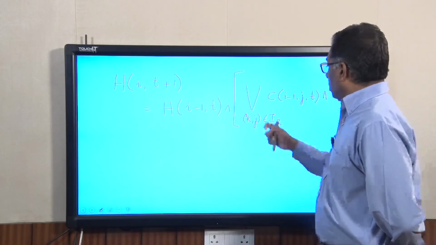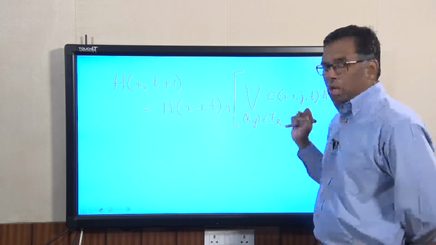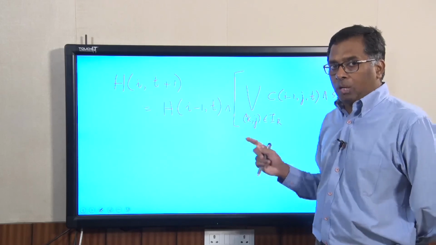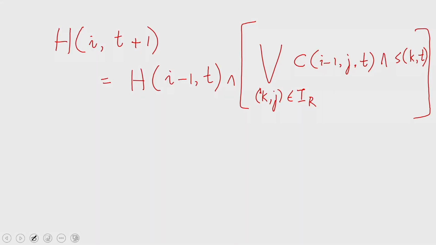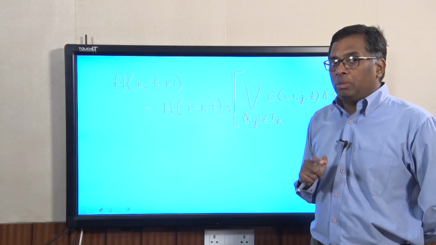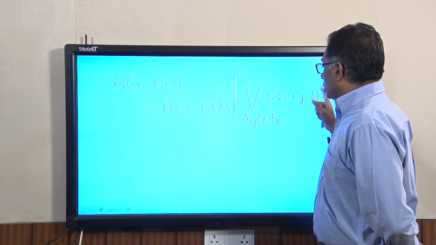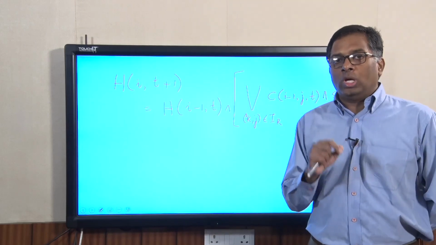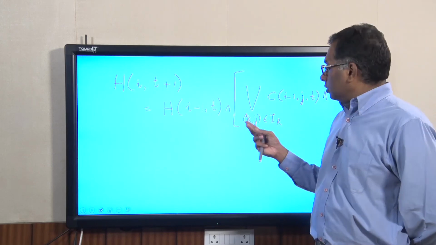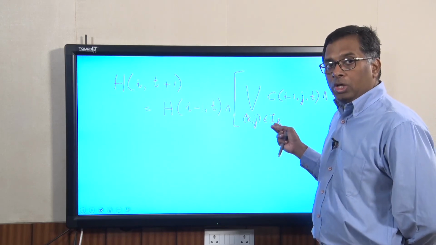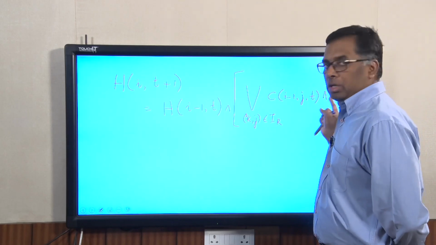Not only that, for some k j belonging to I r, that is for some state symbol pair which causes the machine to move right, the I minus first cell contained a j in the previous time instant, and also the state of the machine was q k in the previous time instant. So, in the previous time instant we had the composition of q k and a j, the state was q k and the cell scanned contained a j. Now, this pair is a right movement inducing pair, therefore, the machine would have moved right.